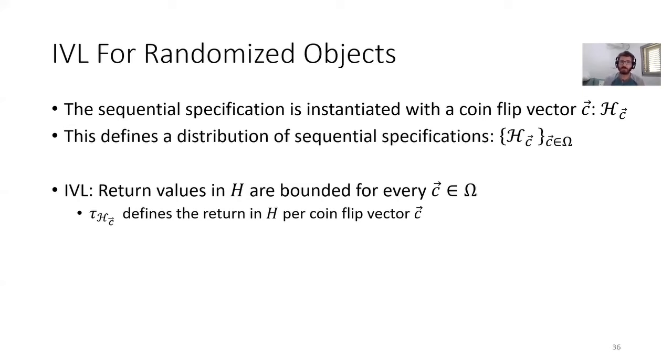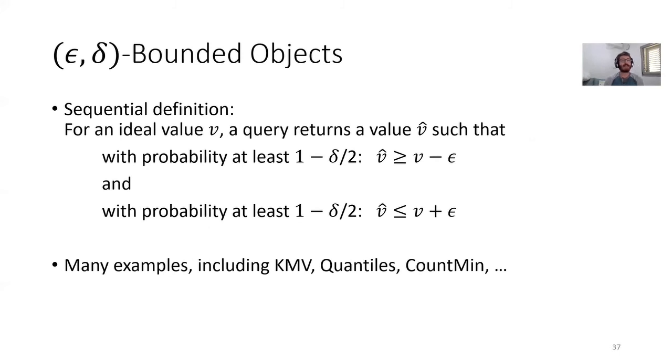But in order to do this, we first need to define, well, what is an approximation algorithm? What is a data sketch? Well, we capture this notion in epsilon-delta bounded objects. The sequential definition for epsilon-delta bounded objects is such that a query returns an approximation of an ideal value v, such that with probability at least 1 minus delta over 2, the approximation is greater than or equal to v minus epsilon.